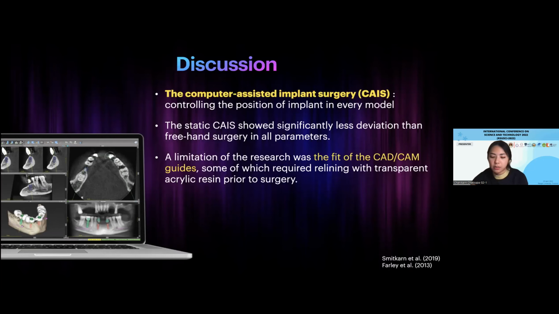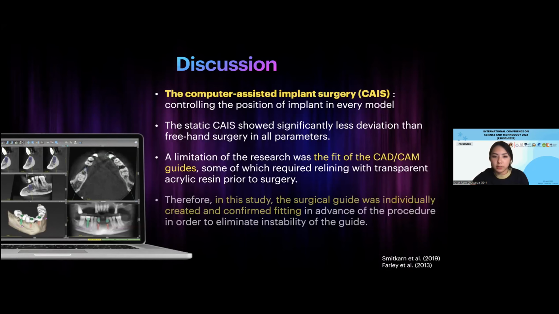However, sometimes it requires relining with acrylic resin before surgery. So in this study, the surgical guide was individually created to confirm fitting in advance of the procedure in order to eliminate the instability of the guide.